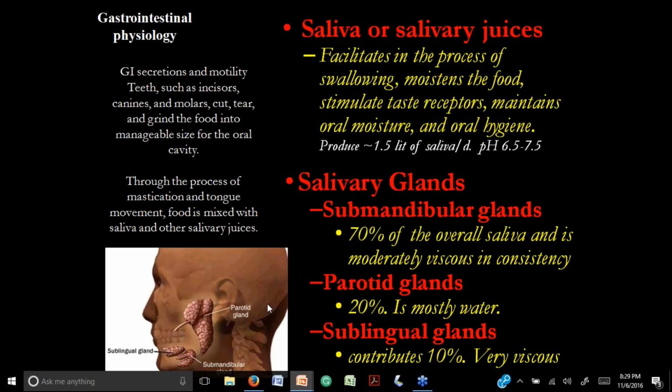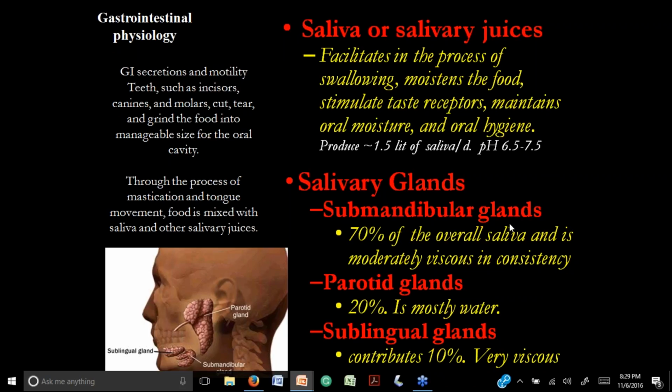The saliva has many components. We produce about 1.5 liters of saliva per day, and the pH ranges from alkaline to a little bit acidic. We are going to talk about the isotonicity of the saliva, and then it becomes hypotonic, in the next slide.